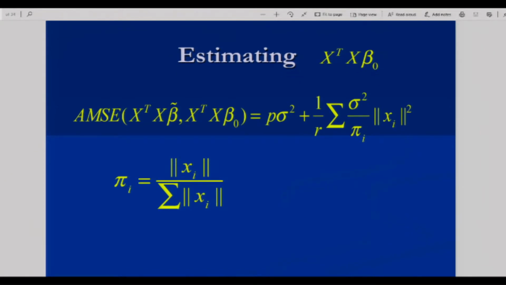Doing this really simplifies the expression quite a lot, and eventually we end up with a sampling probability that we call the predictor length leveraging score. It's very simple to calculate, obviously, because you can calculate these using linear computational cost.